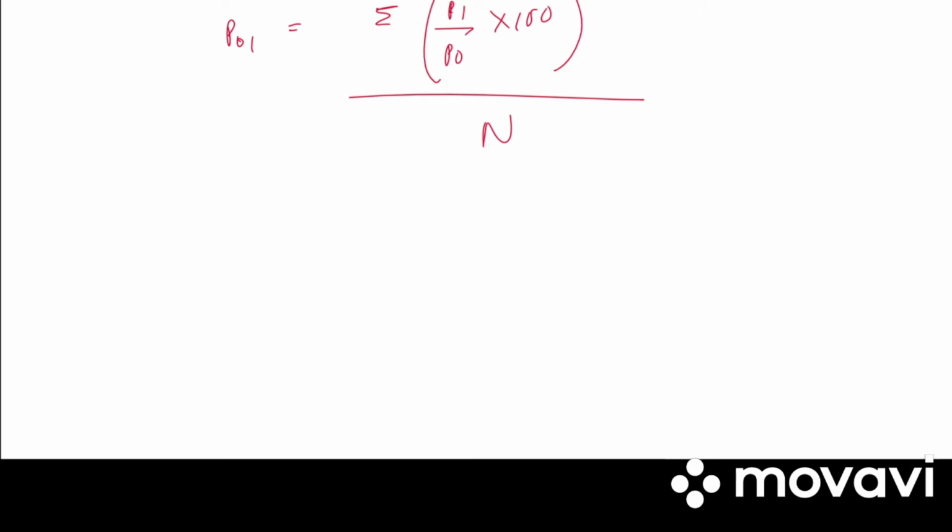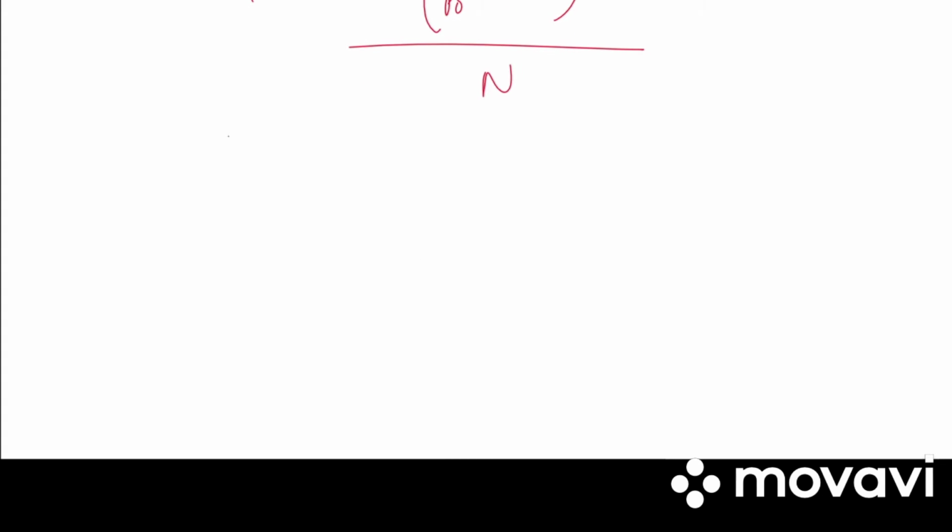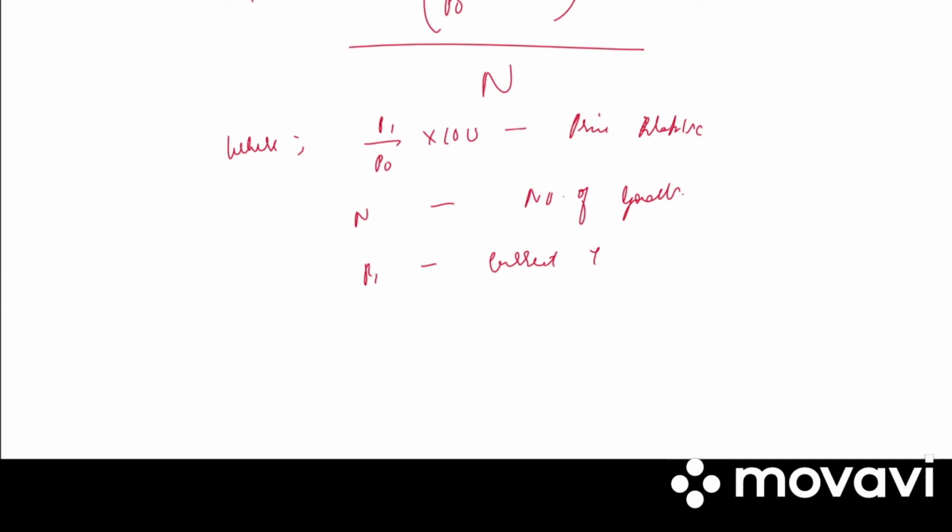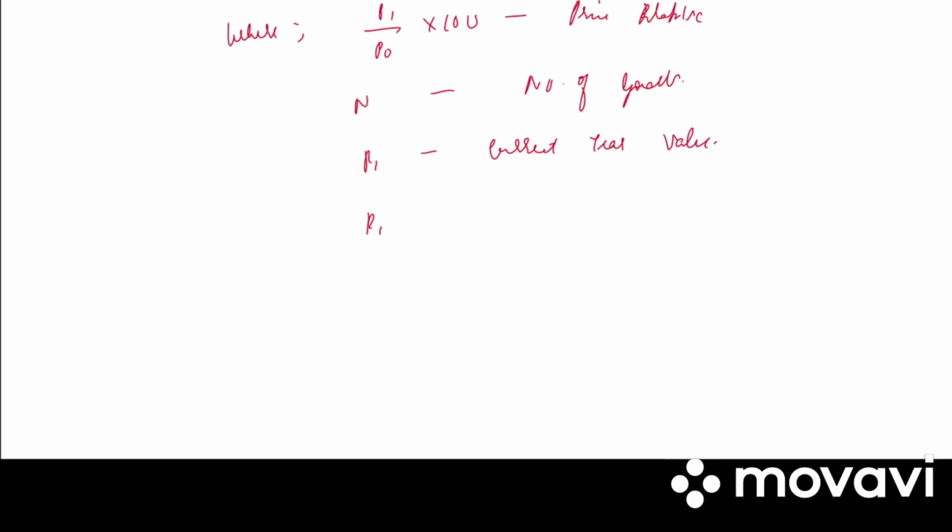Okay, so this will be the formula. So here, P1 by P0 into 100 is price relative, N is number of goods, P1 is current year's value, P0 is base year's value.